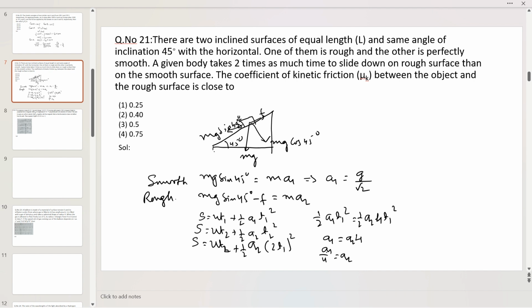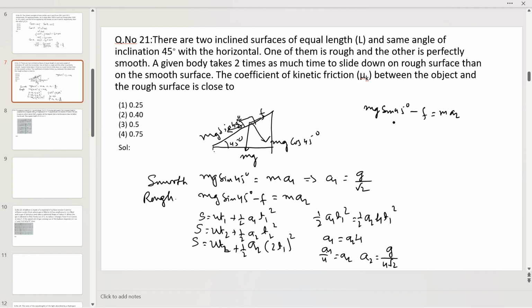We know that a1 is g by root 2, so a2 will be g by 4 root 2. Now for the rough surface we have the acceleration, and we know the relation: mg sine 45 degree minus f is equal to m a2.